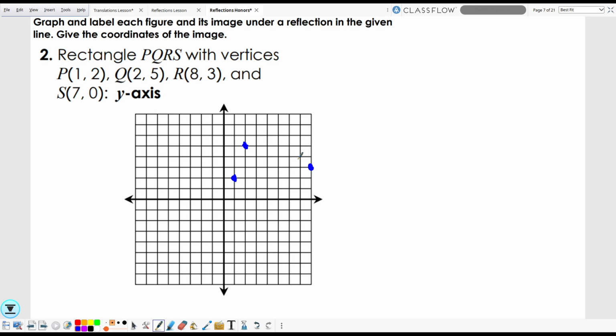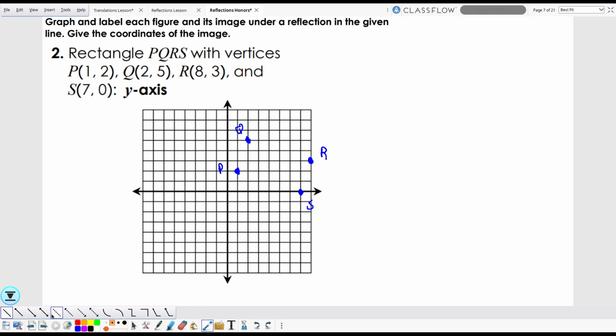And then S is 7, 0. So right there. All right, so that's P, Q, R, S. And let's connect those points so we can see our nice rectangle. Just like that.